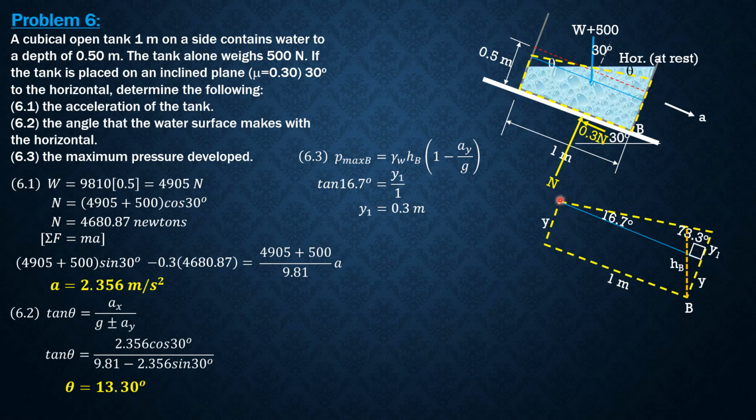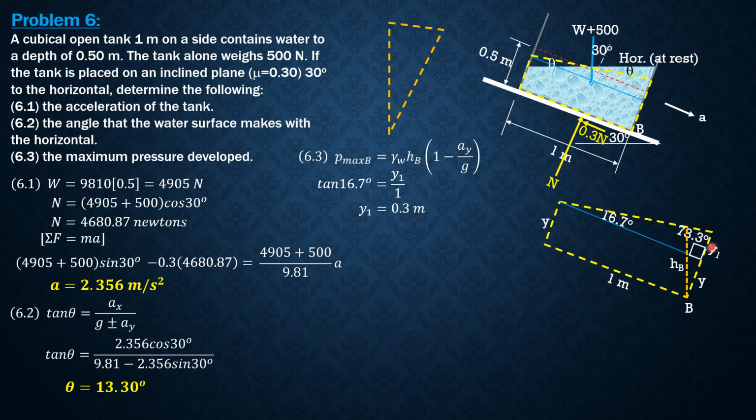So we equate the final area of the waterline section bounded by these yellow dashed lines to the original area, which is 1 meter by 0.5 meter, or 0.5 square meter. The area of this trapezoid is 1/2 of quantity y plus 0.3 times 1 meter, and it is equated to 1 times 0.5.